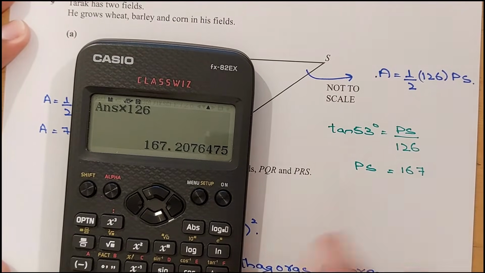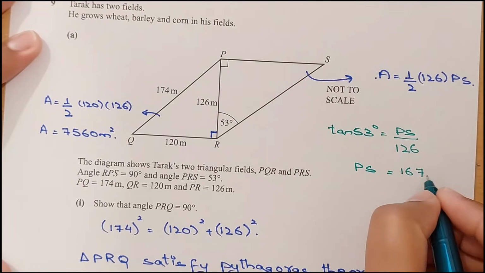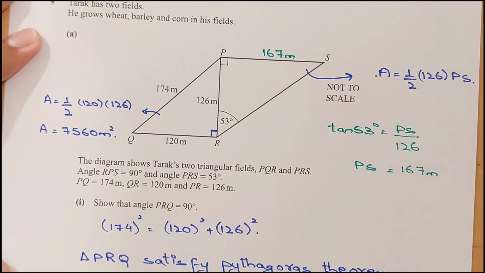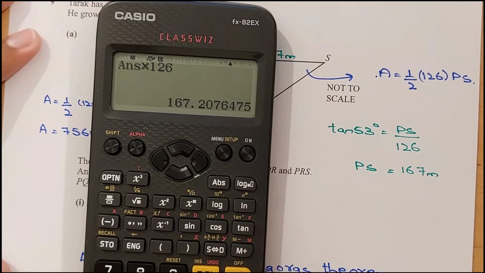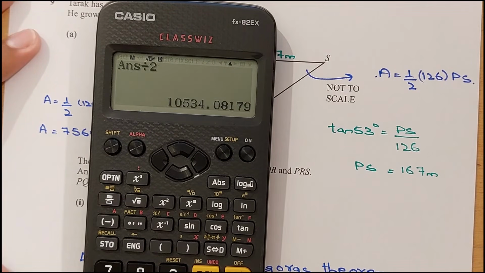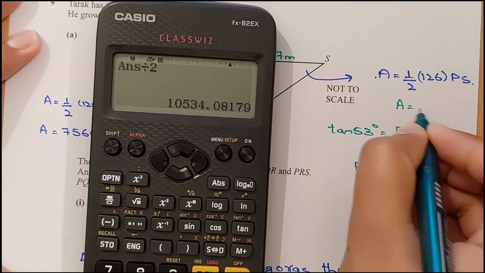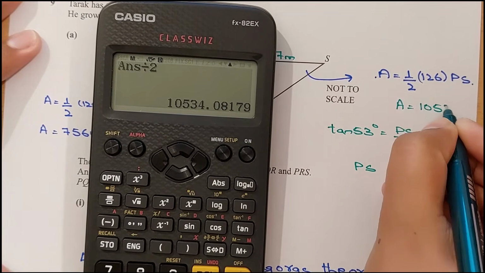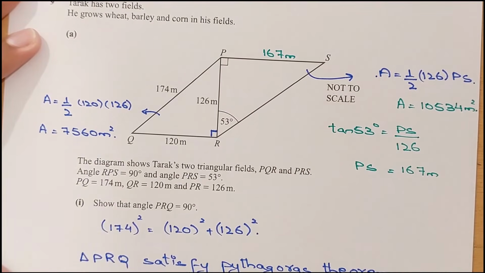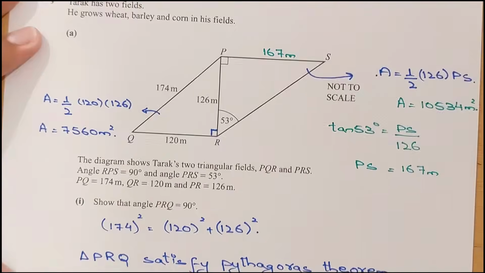Let me keep this without decimal, meters. This is 167 meters, right? So putting it over here, the area is 167 times 126 divided by 2, that is 10,500. Area is 10534 meters square, right?